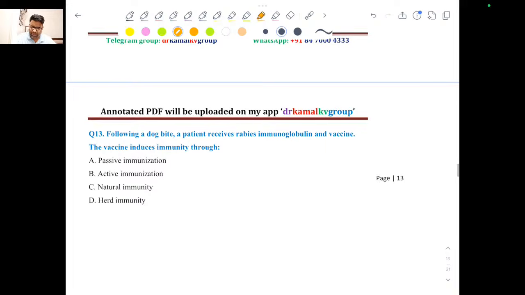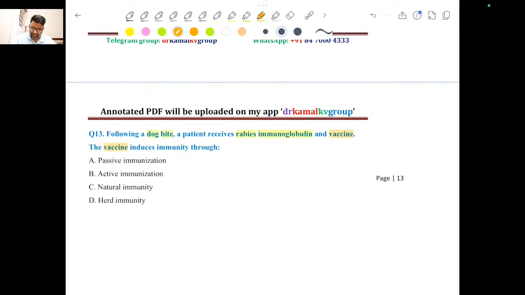Then moving forward to next question, following a dog bite. Now this is just a very basic question. A patient receives rabies immunoglobulin and also rabies vaccine. Now, how is this vaccine producing immunity?